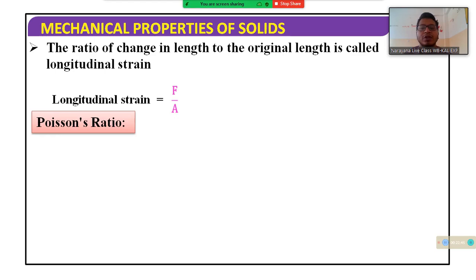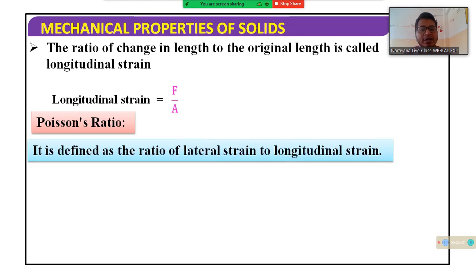The Poisson ratio is defined as the ratio of lateral strain to longitudinal strain.